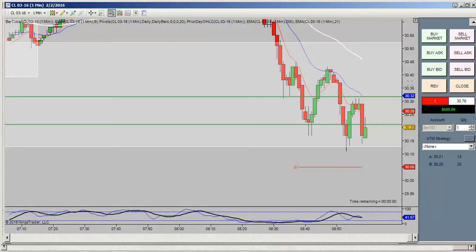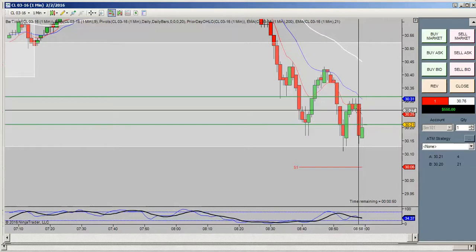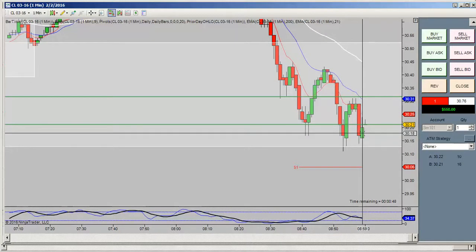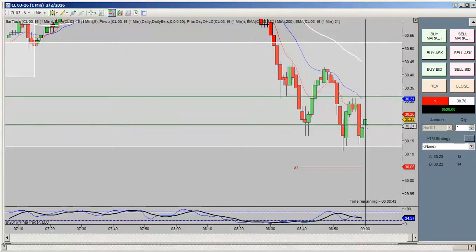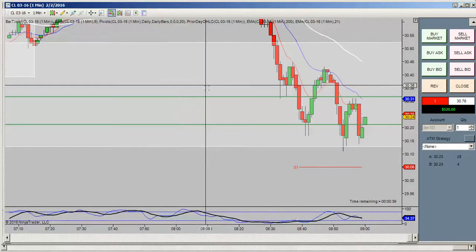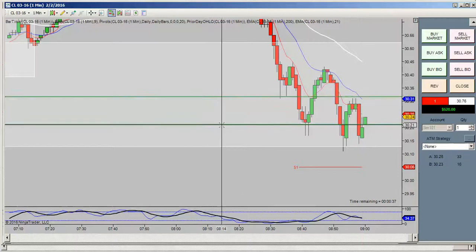Let's see what we got here. Time right now is 8:59. We got another minute. Seeing a little bit of buying activity at 9 o'clock. Let's see what happens. Looks like we broke this level. We broke this level.